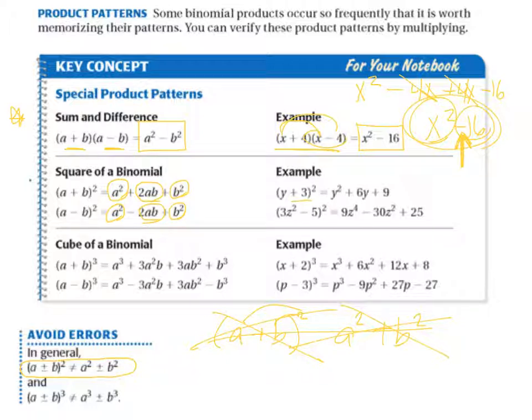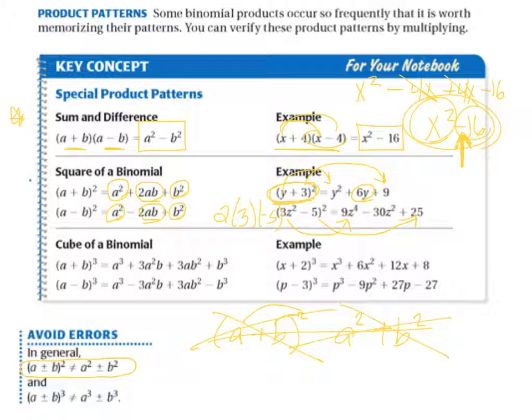An example would be y plus 3 quantity squared is y squared, 9, and in the middle is 2 times y times 3, or 6y. Same here. Square the first term, square the last term, and then 2 times the first term times the last term. 2 times 3 times negative 5, which is negative 30. Yep.